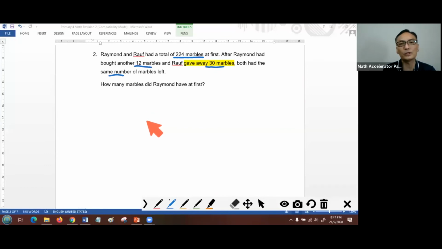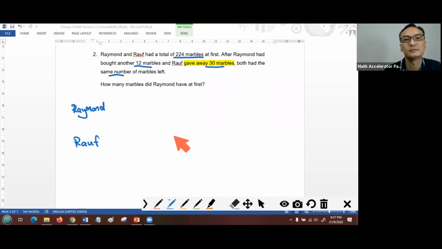So what we need to do is work backwards, right? Because the equal is at the end. So we have two names, Raymond and Raouf. So they have the same number of marbles at the end.